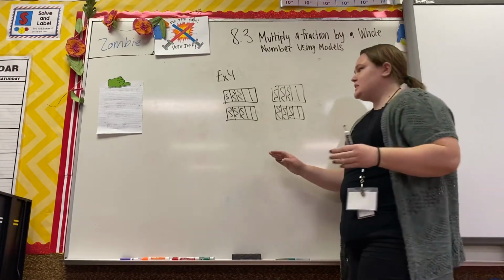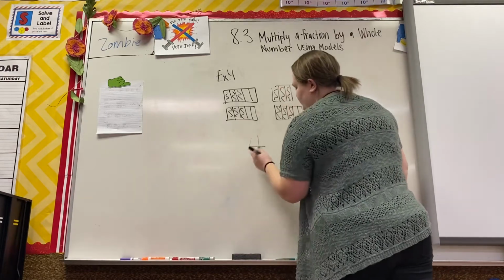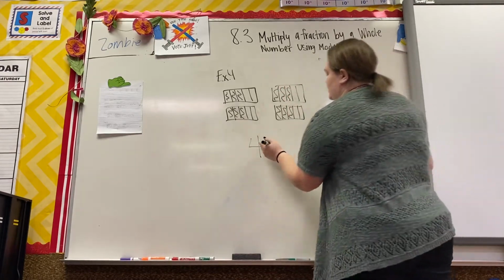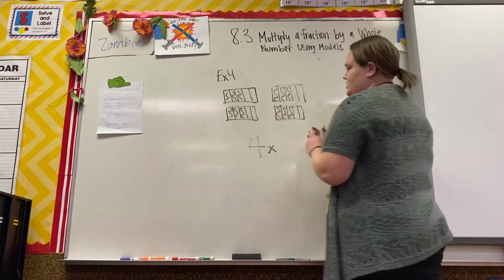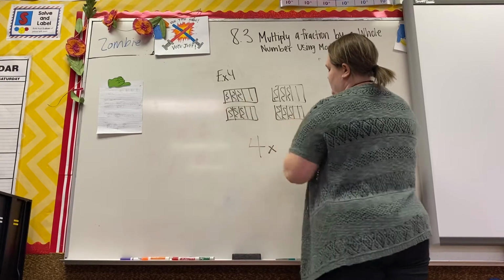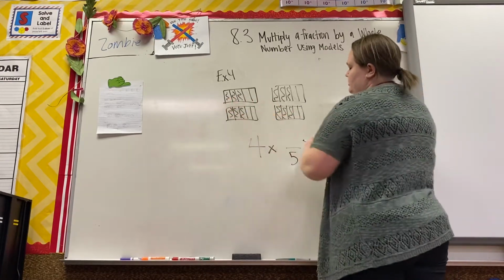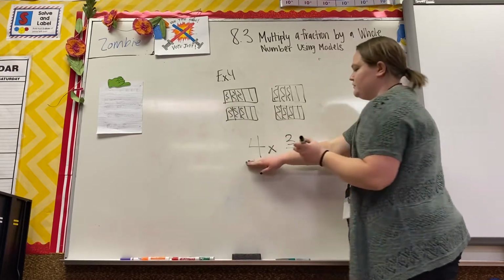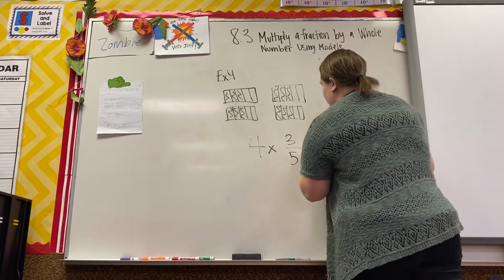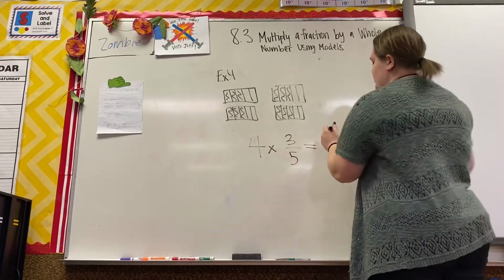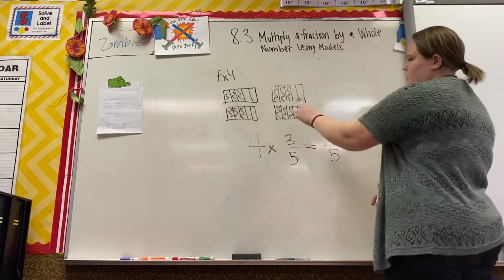Now to represent this, you can see that you have 4 groups. So I know that I have 4 groups of, and I'm going to count how many I have in each. 1, 2, 3, 4, 5. So I have 5. And each group I have 1, 2, 3 shaded. So I have 4 groups of 3/5. And then when I multiply that out, 4 times 3 is 12 over 5. So altogether I have 12/5.